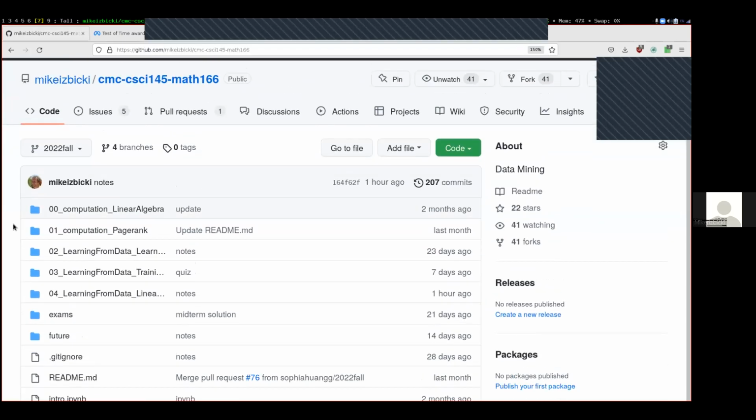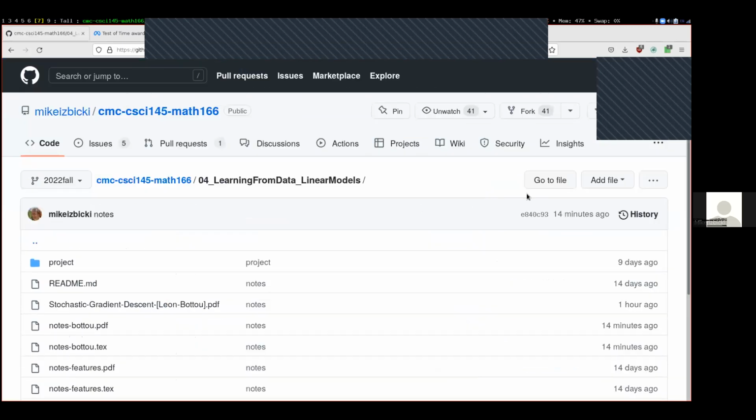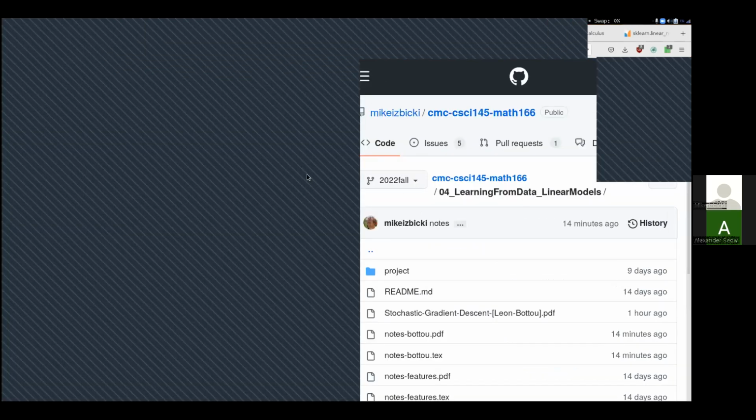Okay, so welcome back to post-fall break data mining. There's two handouts for today. There's physical copies up front if you're into physical copies.